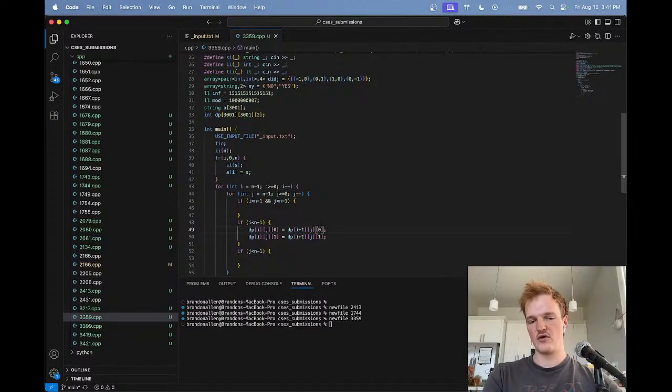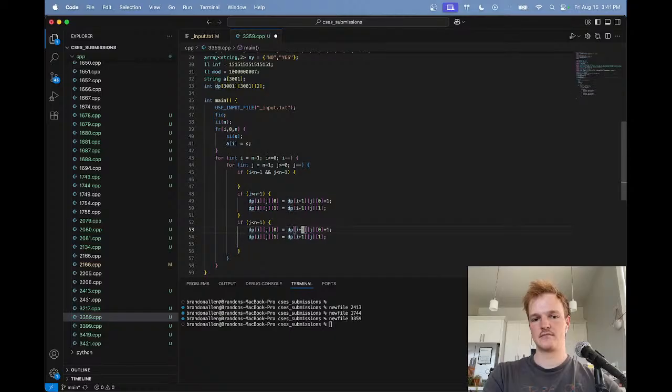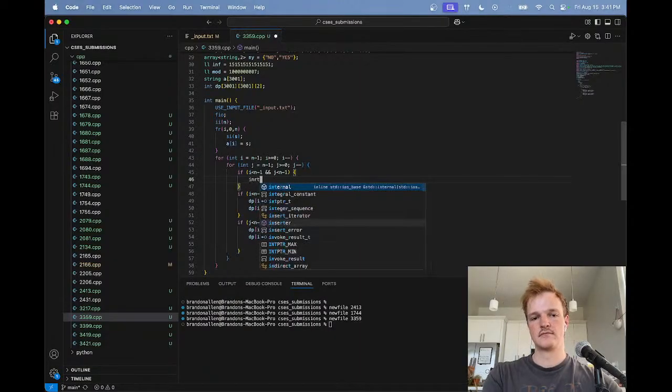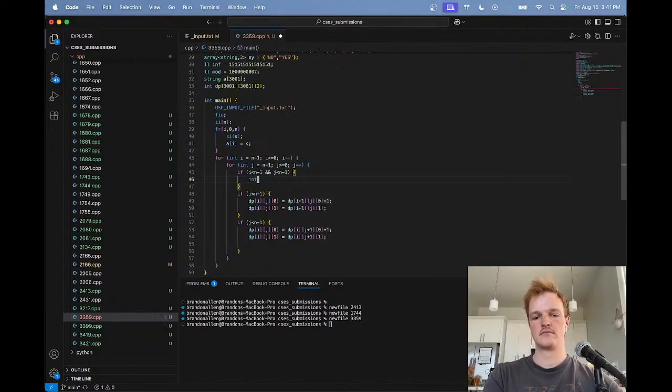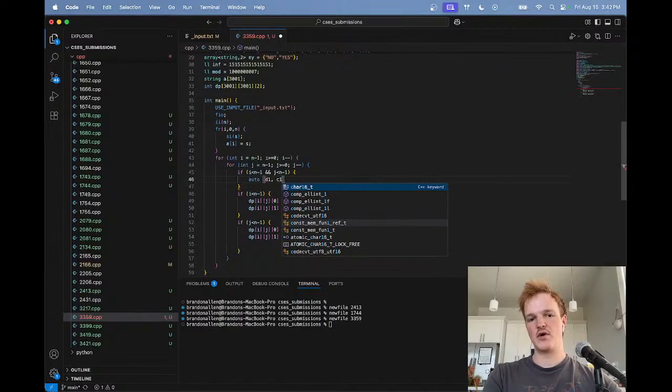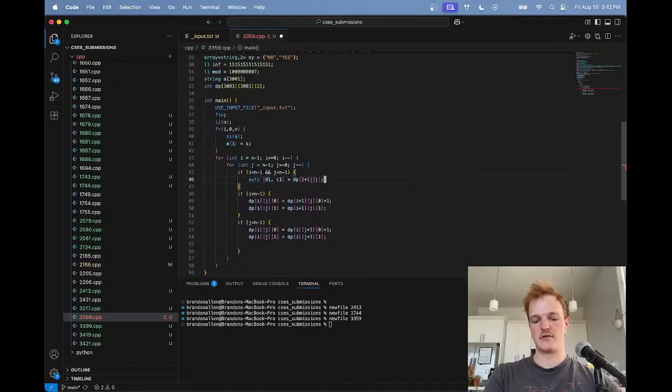But now this is your one further away. So distance 1, character 1 is equal to dp at i plus 1 at j.